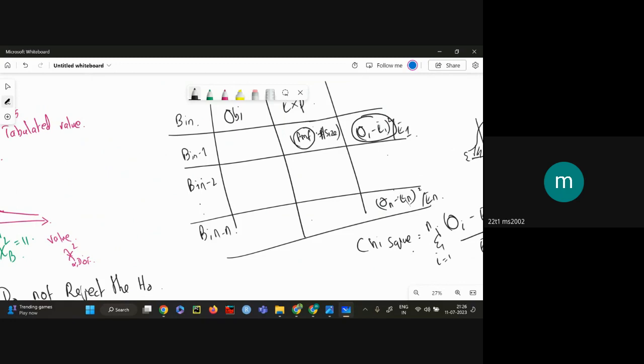And the PMF is assuming that you are originally following a normal distribution, the probability of so many samples under the normal. And if that deviation becomes very large, then obviously the observed cannot change because it is given. The only thing that can change is the expected. So whatever you have assumed is wrong. And what is the assumption? The PMF is the assumption, which means the parent population is not following what you assumed.